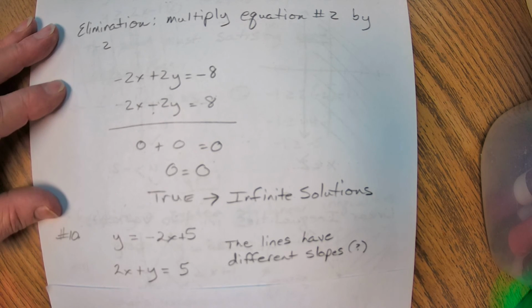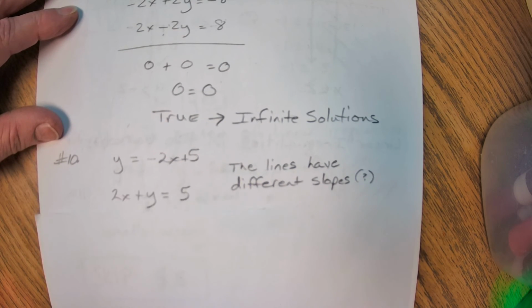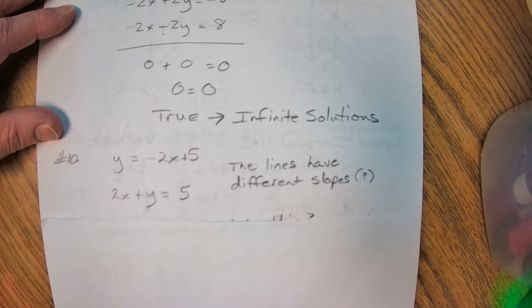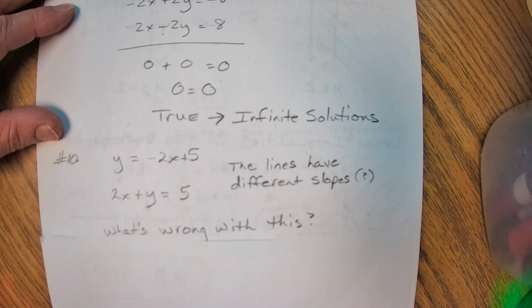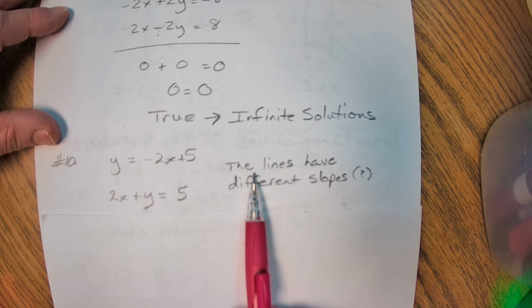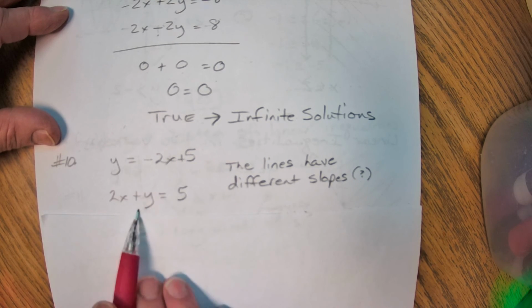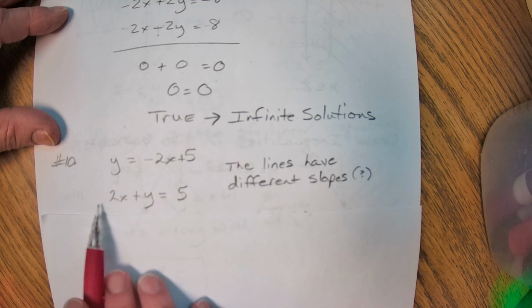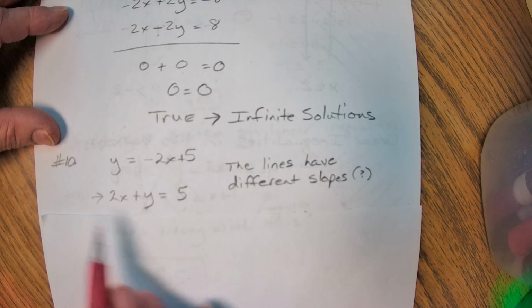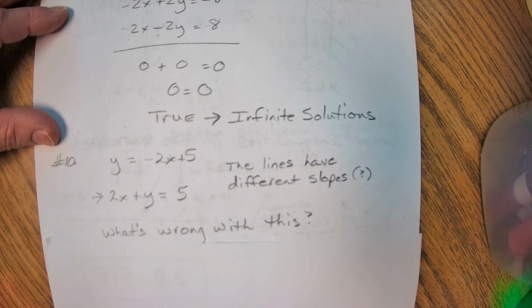And let's look at number 10 from the worksheet. These are the two equations. So do the lines have different slopes? Well, what happens if I solve that equation for y?